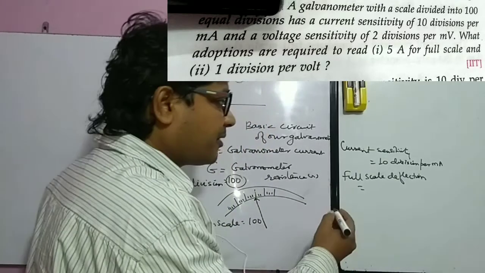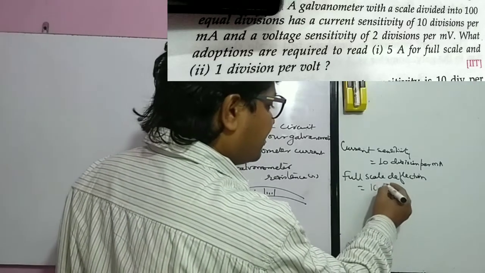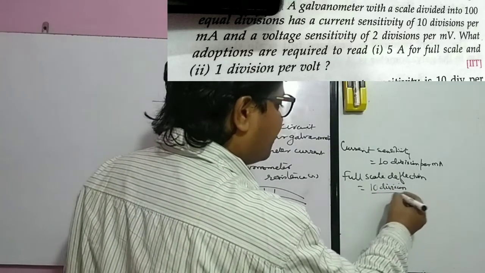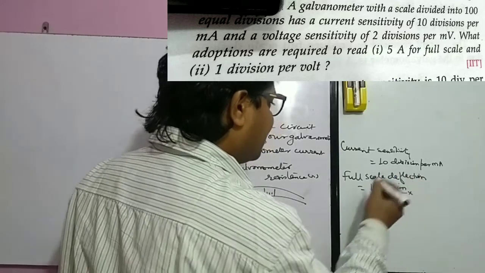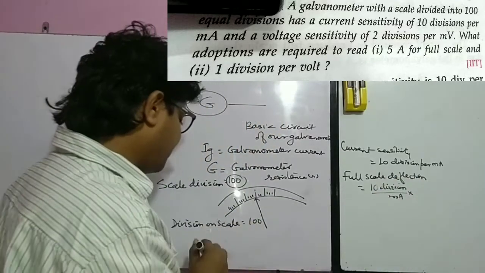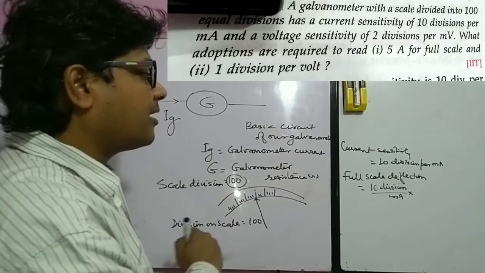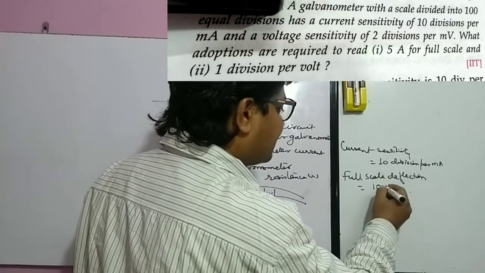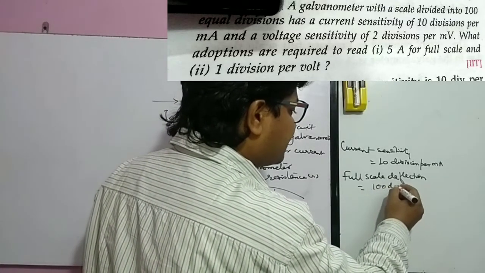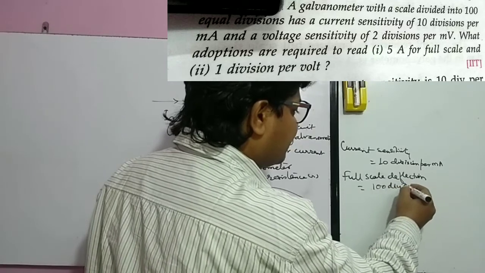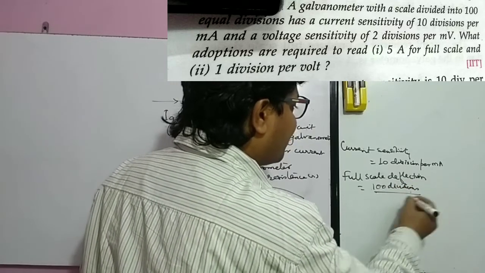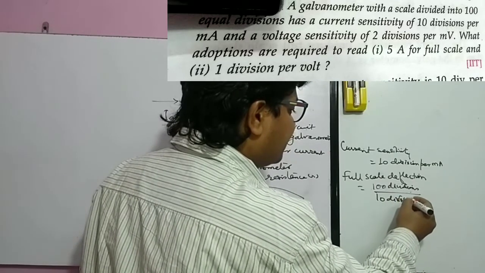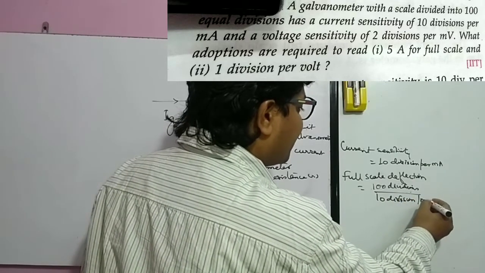So what will happen? 10 divisions per milliampere, into what we have got. We have got 100 divisions. So we can write 100 divisions upon 10 divisions per milliampere.